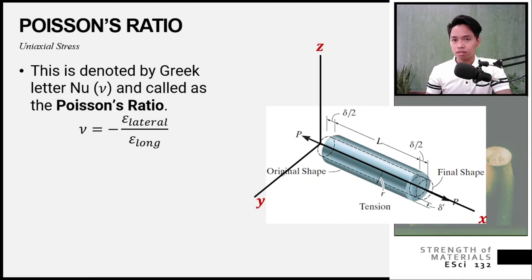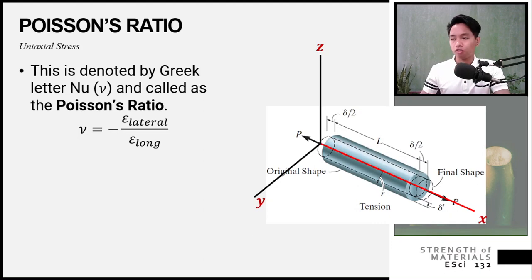Why is L the longitudinal axis, sir? Because your x, or your L, is parallel to our force. Since P is along the x-axis, and L is also along the x-axis, therefore, L is our longitudinal or axial length.